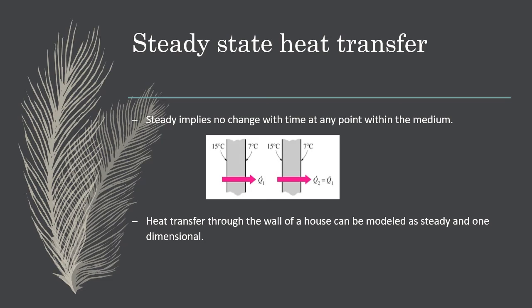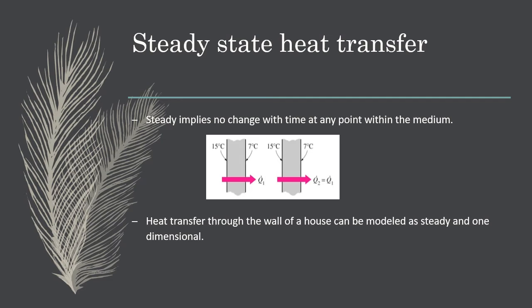The rate of heat transfer is constant, which is Q1. In the second picture, the temperature of the wall on both sides is the same, that is 15 and 7 degrees Celsius. Therefore, the heat transfer is constant in both states.